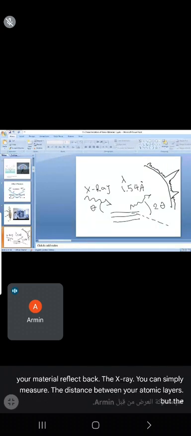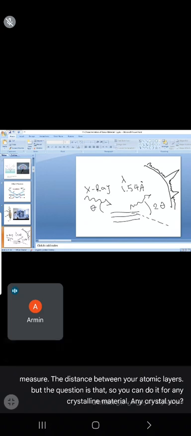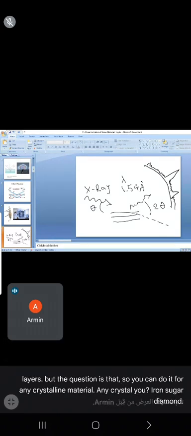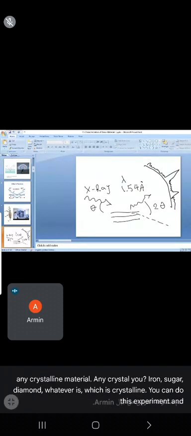You can do it for any crystalline material, iron, sugar, diamond, whatever is crystalline, and measure the distance between the atomic layers.